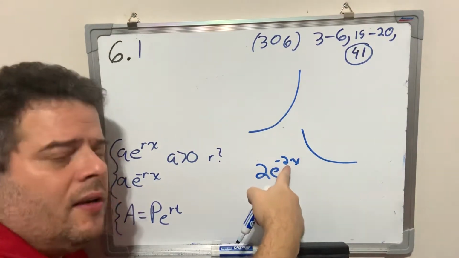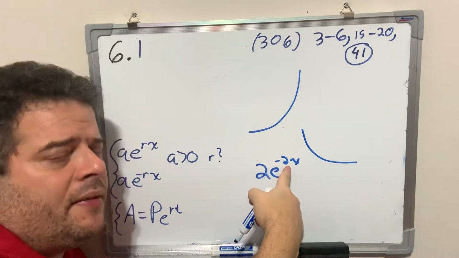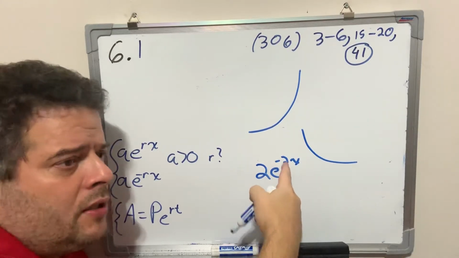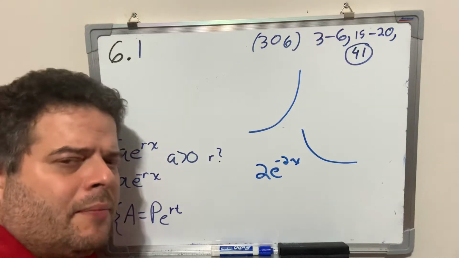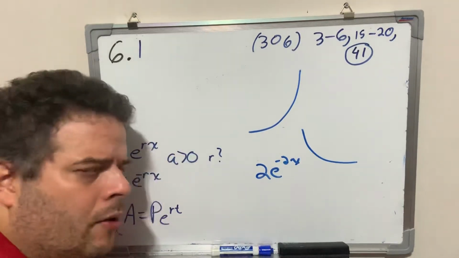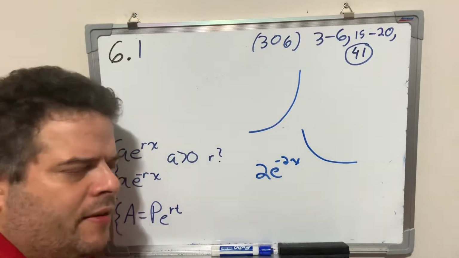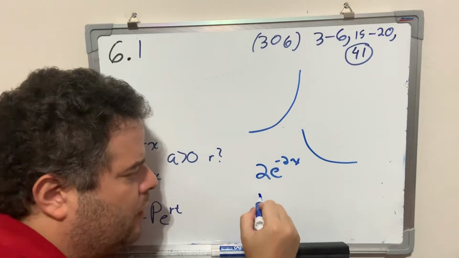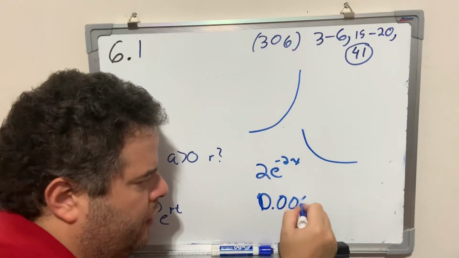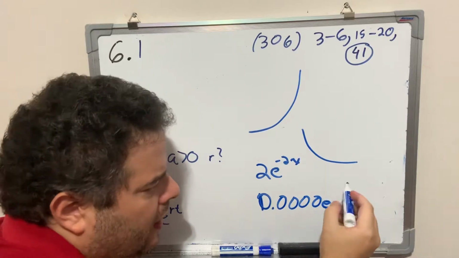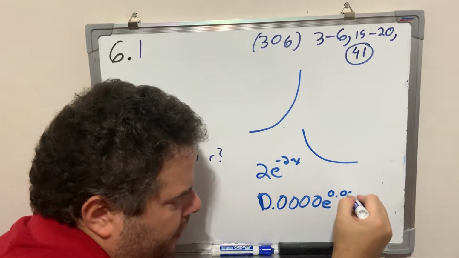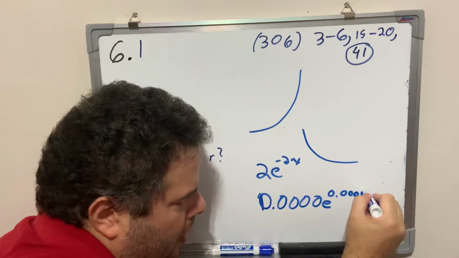Then you look at your R. If it's negative, it's decay. If it's positive, it's growth. Doesn't matter if the number is a decimal, greater than, less than. No, just positive or negative. If it's a positive number, for example, let's look at this one, 0.0001e elevated to the 0.0001x.